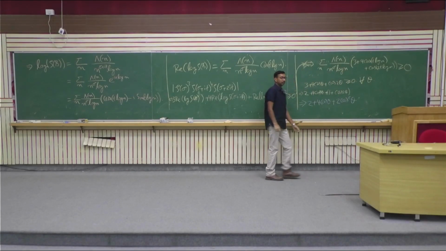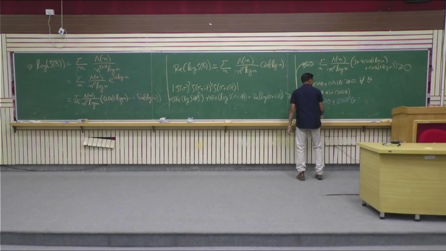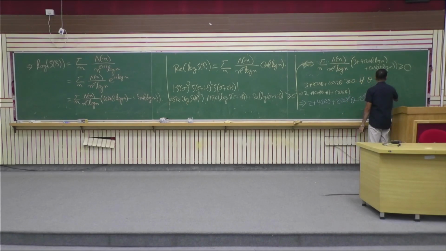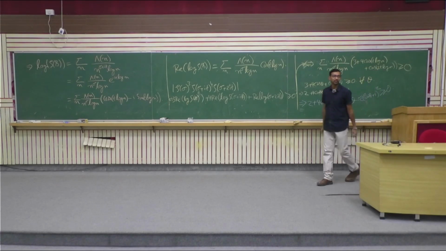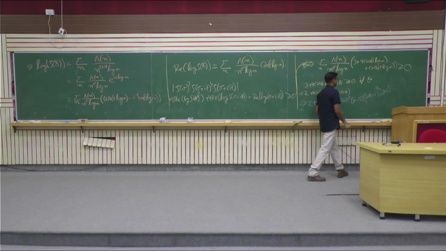Then you just take 2 common, so this is equal to 2 times cos theta plus 1 squared, which is greater than or equal to 0. So that finishes the proof of the prime number theorem.